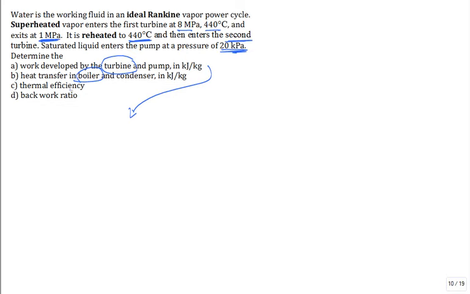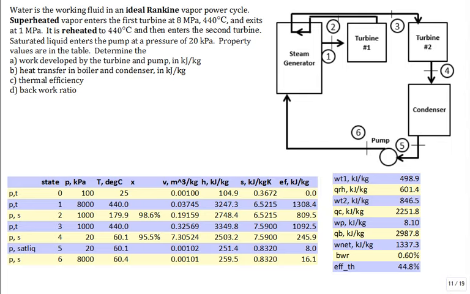So here's the solution to that problem. First of all, make a good sketch. State 1, then 2 is after the first turbine but before the reheat. State 3 is after the reheat before the 2nd turbine. And then state 4, then 5, then 6. Yes, sir.